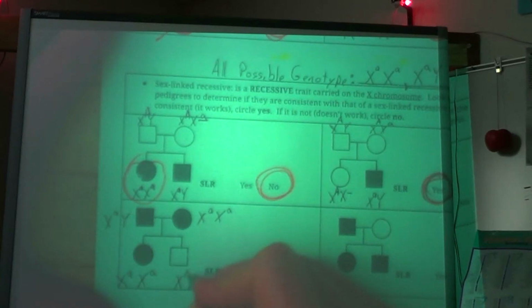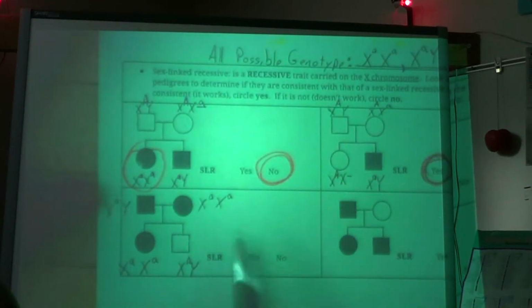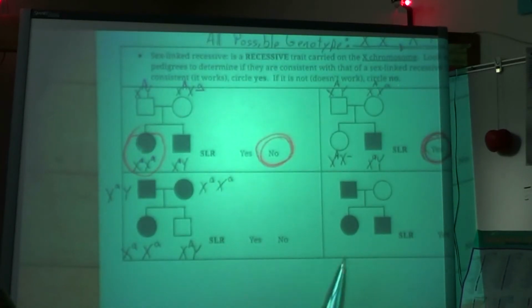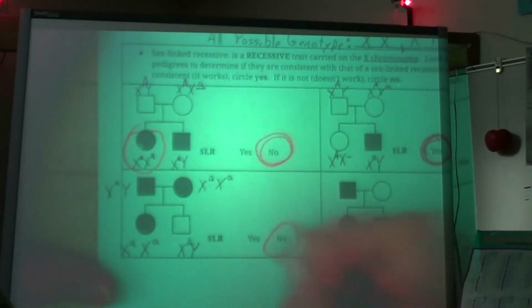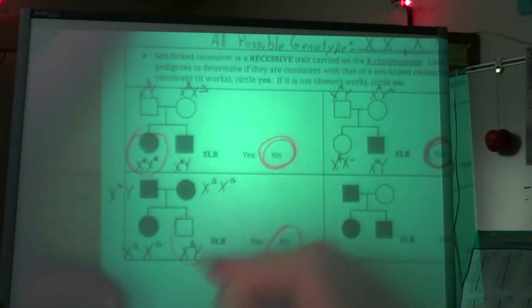Son does not, so it's going to be X big A Y. Is this pedigree consistent? Does this work? No, it doesn't. Which child is not possible based upon these parents? X big A Y. Yeah, the son isn't possible.